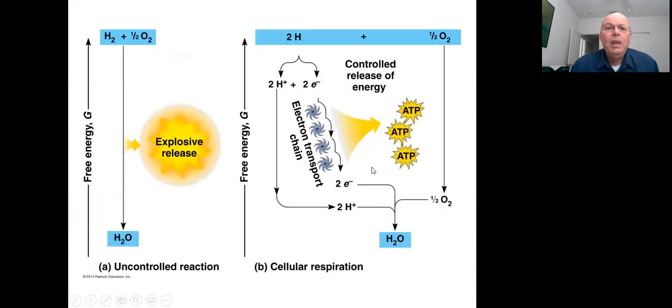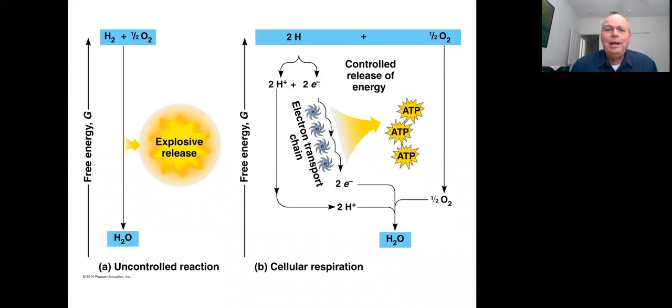Ultimately, those electrons need to pass through a process that will extract the energy out of them. And this is where that cellular staircase that I was talking about comes into play. It's called the electron transport chain.